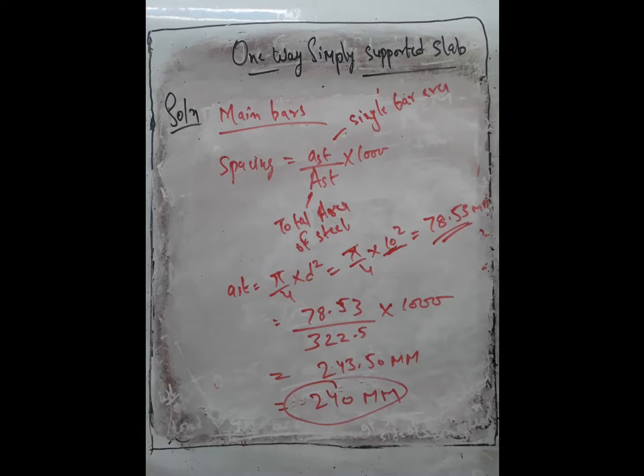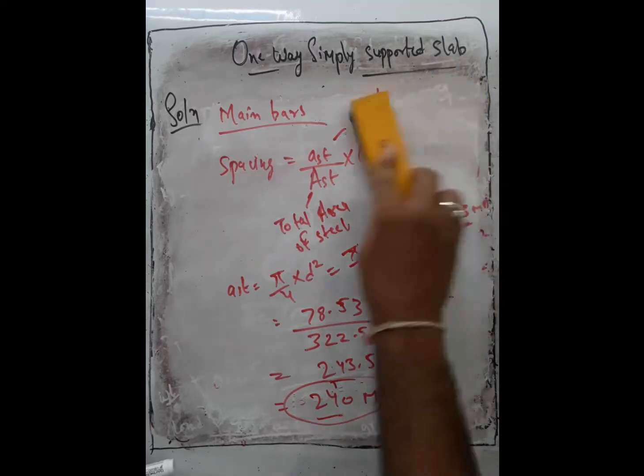240 mm. So if here we provide 240 mm, that means our AST is changed, because with the help of this calculation we found the exact value is 243.50. But what we do here is we change the spacing, we take 240 instead of 243. Due to this reason our overall AST is also changed.